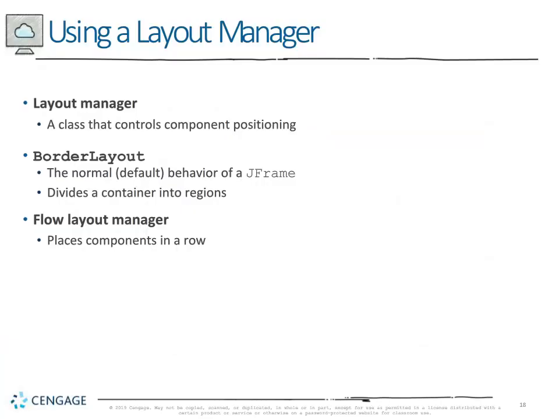To place multiple components at specified positions in a container so they don't hide each other, you must explicitly use a layout manager, an object that controls component positions. The default layout is the border layout manager. When you use border layout and you don't specify a region, all the components are placed in the same region and they obscure each other.